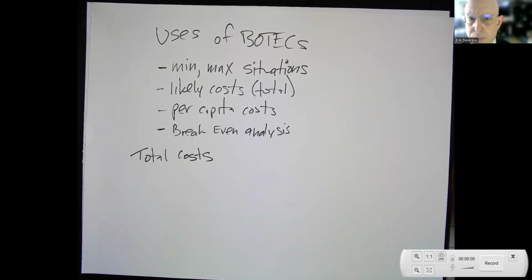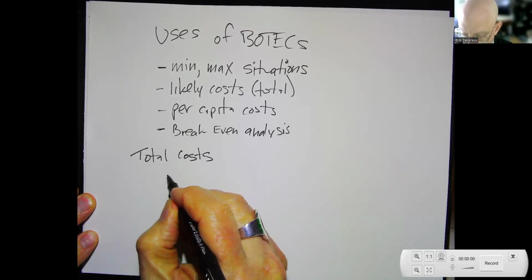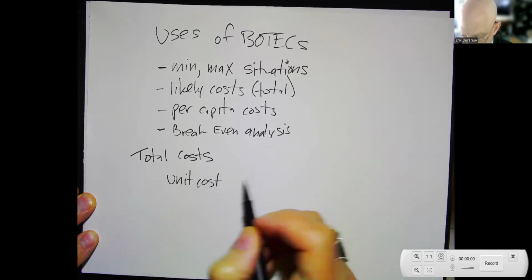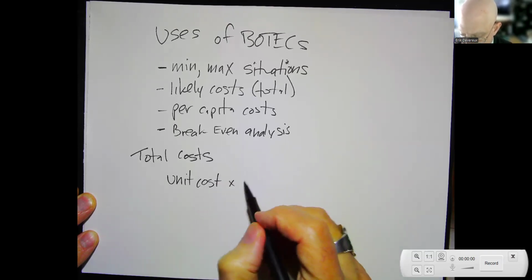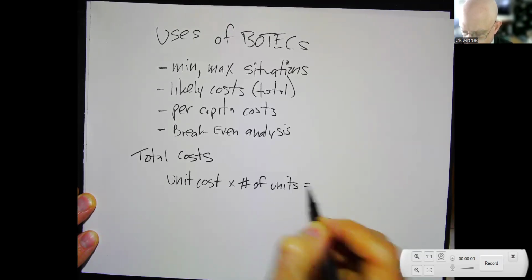It could be children in schools, or it could be workers in their workplace, or it could be any other similar unit that you're working with. It could be miles of streets, or the number of bridges you have to repair, anything like that, right? Total cost boils down to a very simple formula, which is unit cost times the number of units equals total cost.